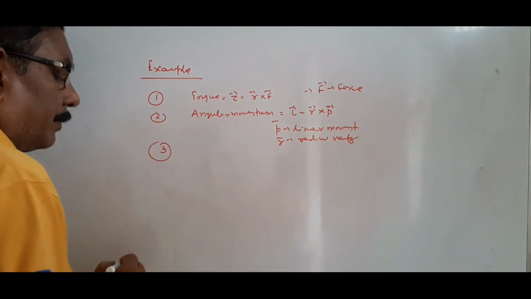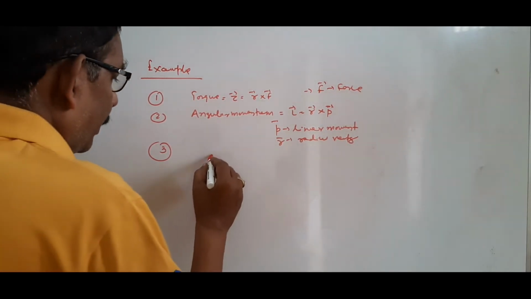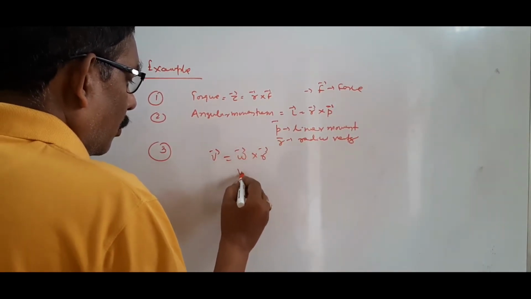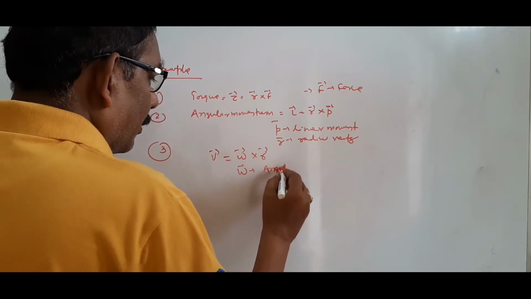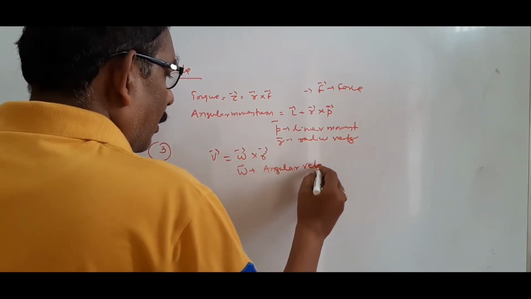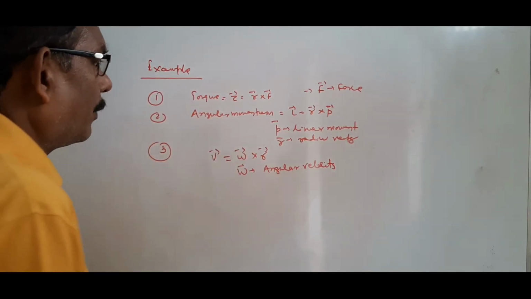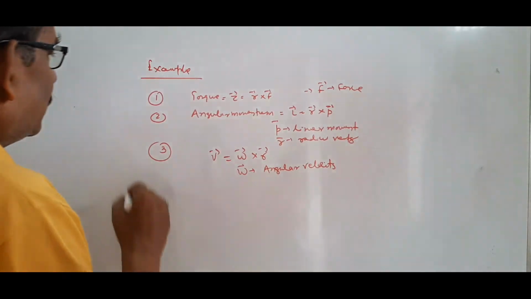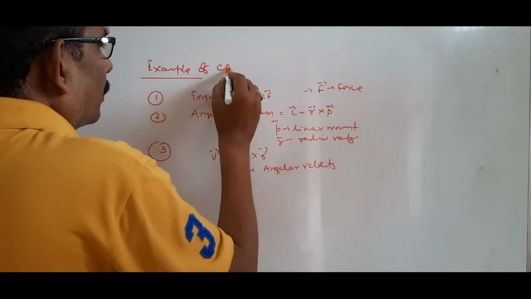Number 3, velocity equals omega cross R, where omega is your angular velocity. You know that torque, angular momentum, moment of inertia are all axial vectors. So these are examples of the cross product.